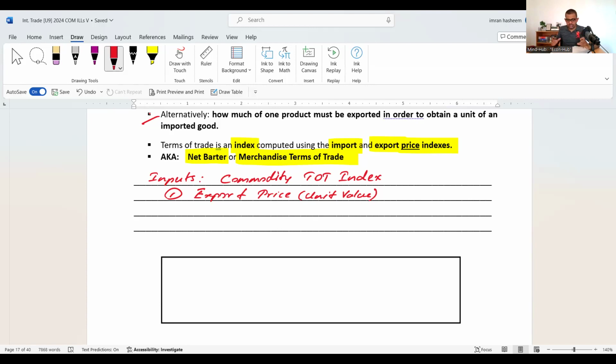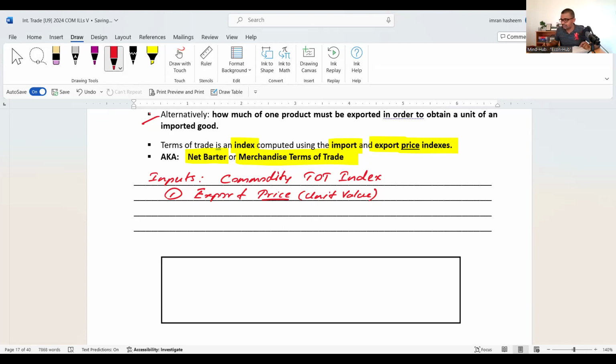If there are 12 packets of Milo, you give me the total value of the 12 packs. I ask you, what is the unit value? One pack of Milo, what is the value? The answer you are giving me is the price.